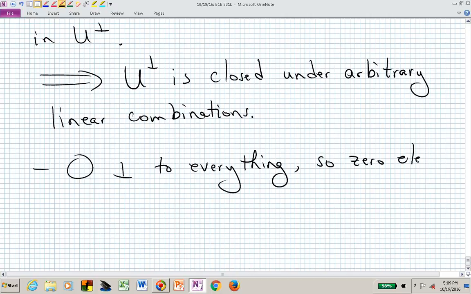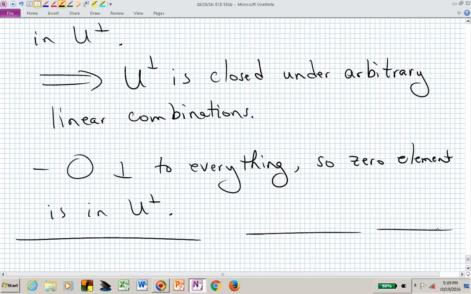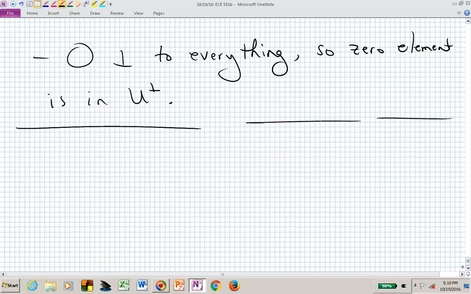So the zero element is in U perp. And so now we've shown that U perp, even though U was not necessarily a subspace but a subset, is in fact a subspace.